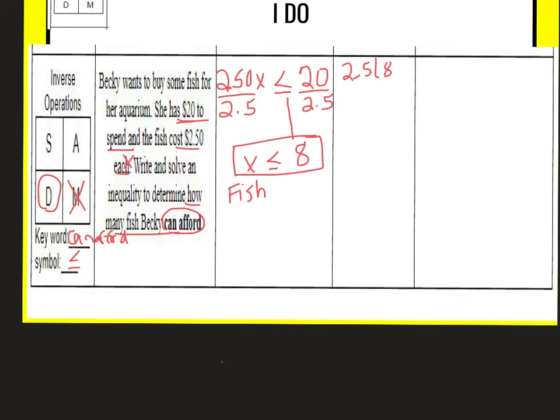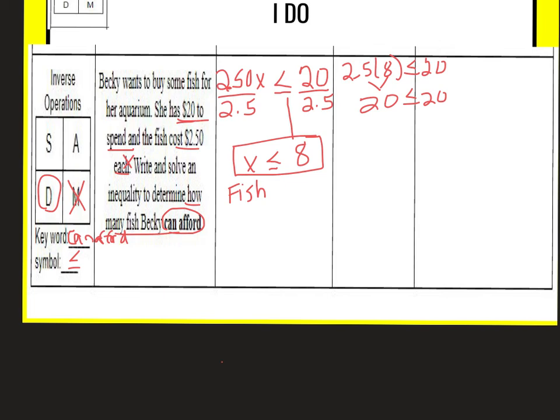$2.50 times 8, if you put that in your calculator or multiply it out, you get 20. Is 20 less than or equal to 20? Yes, it is. Good. Okay. So now let's go ahead and check. That makes that true. We're just checking to see if our solution set is correct.